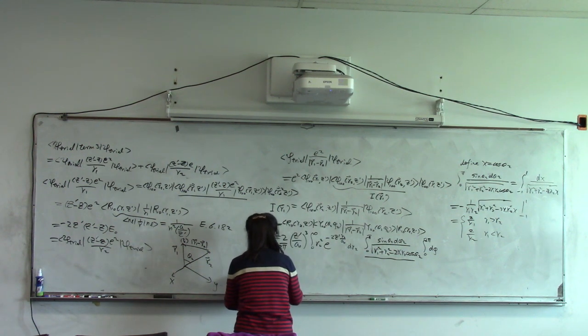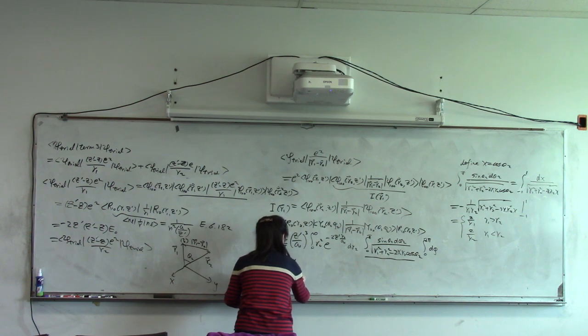We will have, let me just give you, 2 Z prime over A naught cubed.